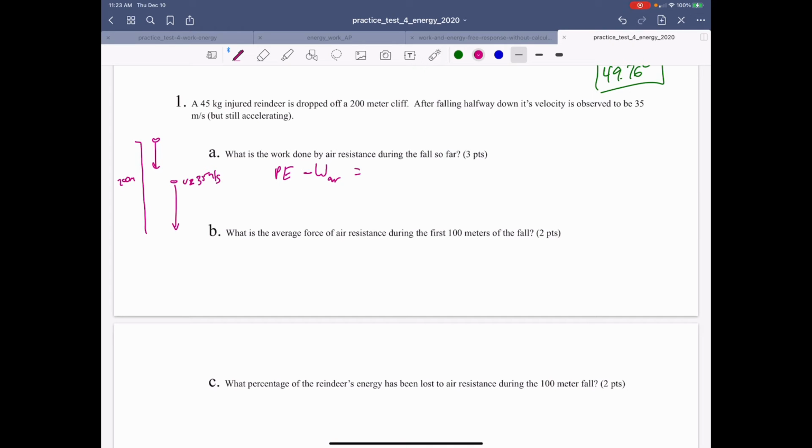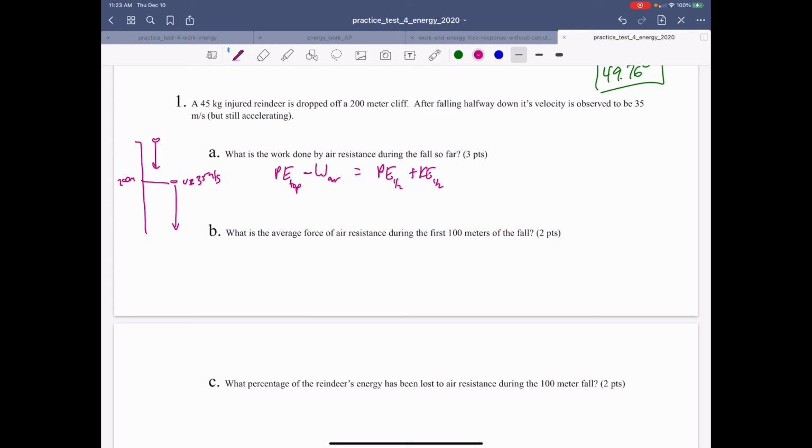And whatever's left over at the halfway point is going to be a mix of its potential energy there, it's half, and its kinetic energy. It's going to be the potential energy halfway down plus the kinetic energy halfway down. So that's how we're going to imagine this problem.